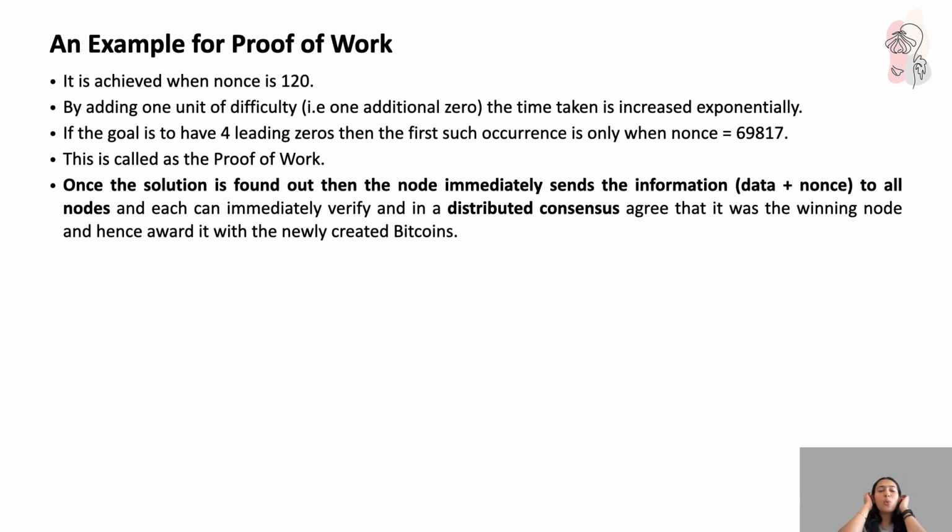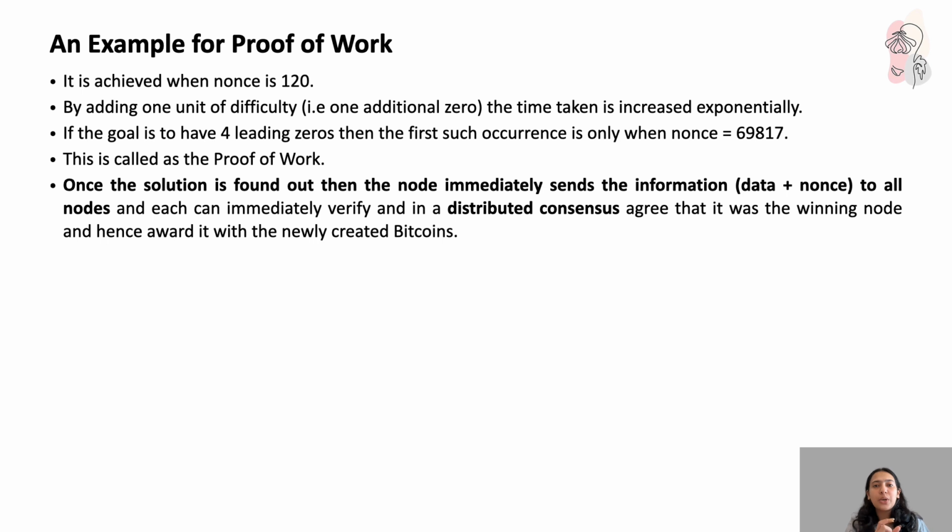So once the solution is found, the node immediately broadcasts the information to all the nodes, and then each of the participating nodes, the ones who could not get to this answer, can just immediately verify. Because let's just say I give you an arithmetic equation to solve.